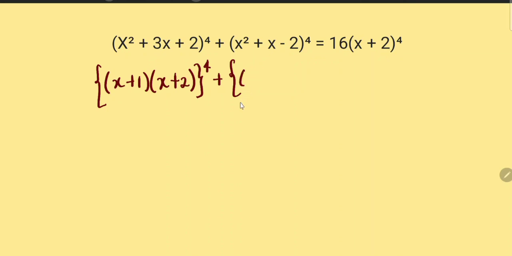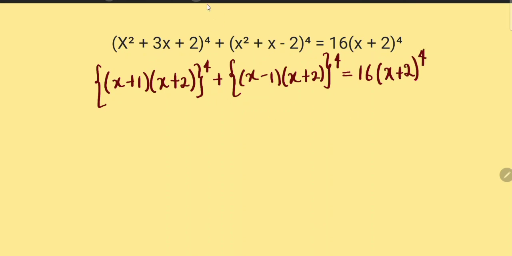Our sum is plus 1 and our product is minus 2. So we should have x minus 1 and x plus 2. The product is minus 2 and the sum is plus 1. Okay, so we write the right hand side as well.